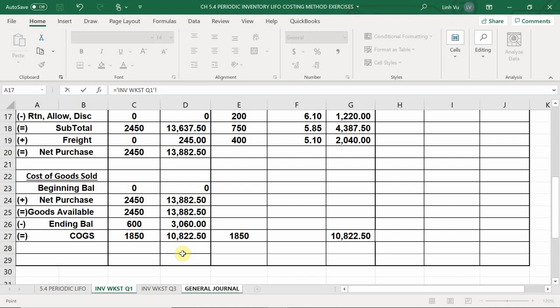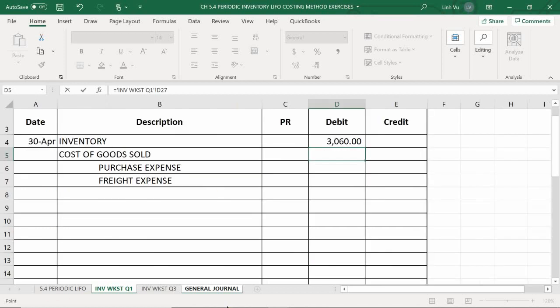What's my total cost of goods sold? $10,822.50. Good. What's my total purchases?